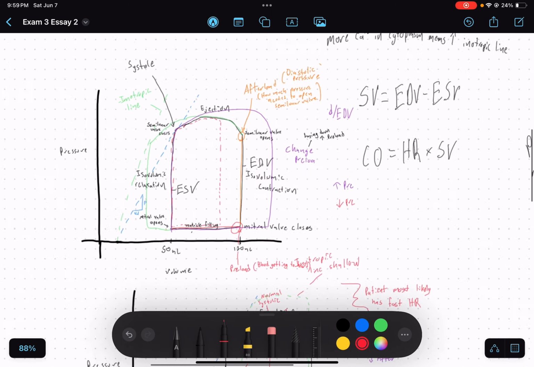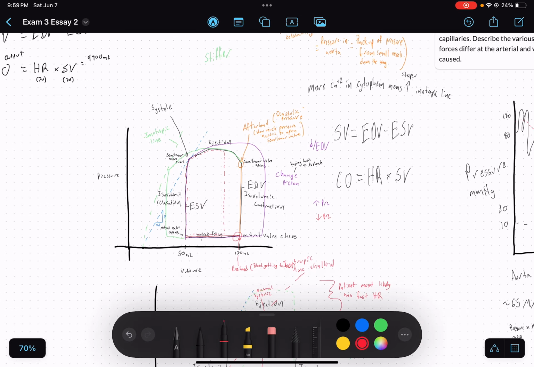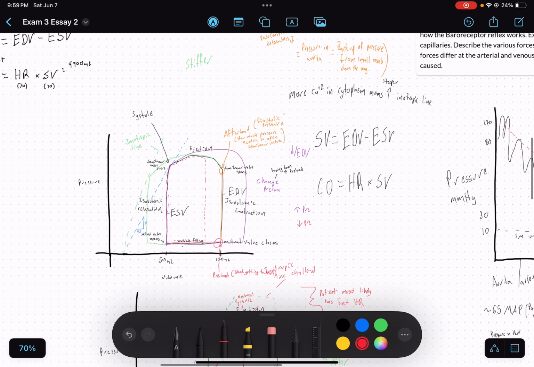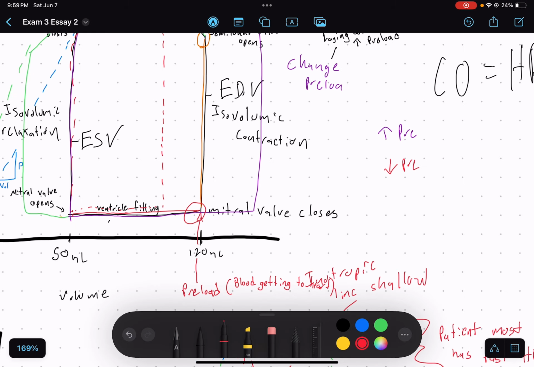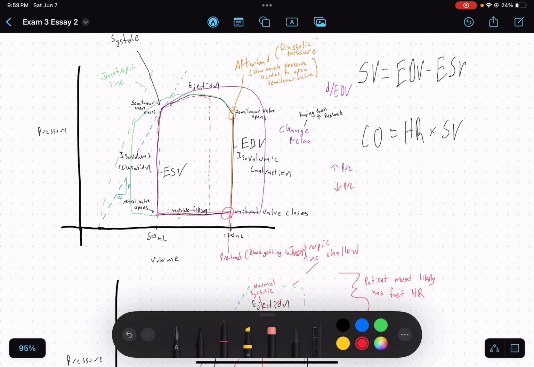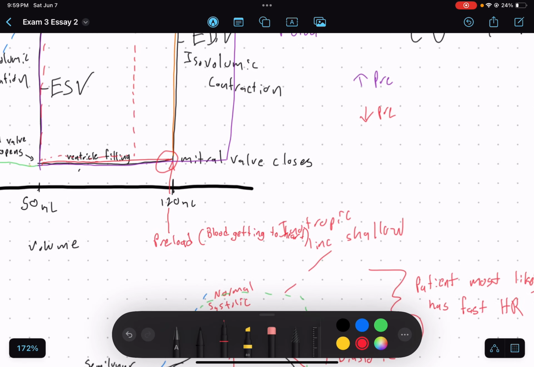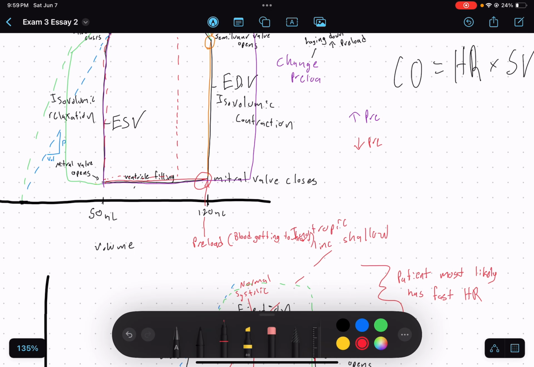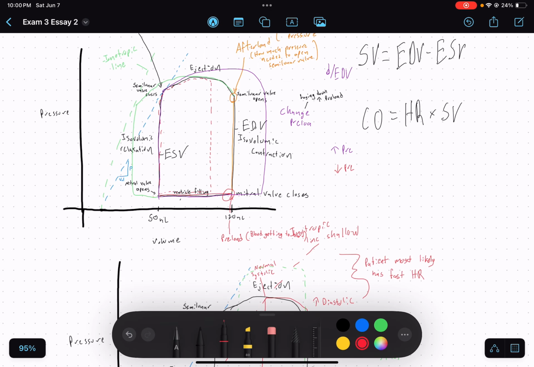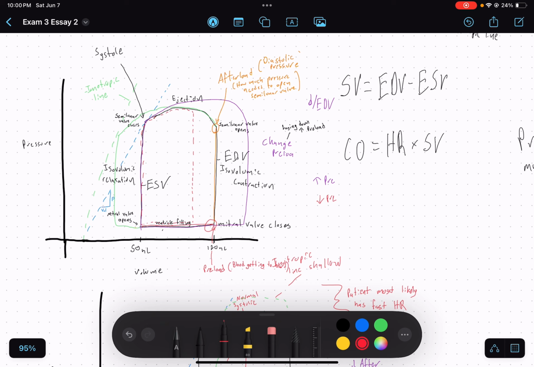And so over here I drew just a couple. Oh, actually I want to touch on preload and afterload real quick. So preload is going to be the blood getting to the heart. And so we see the preload is going to be about right here, while the afterload is going to be right here.